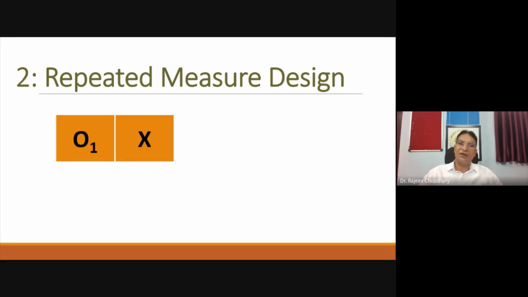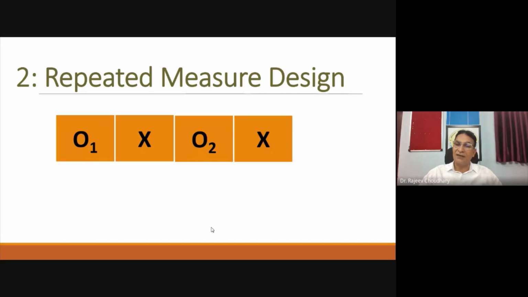O2, observation 2, means the mid-test. Then again treatment is given. We will continue the treatment. Again, the final test will be taken, that is ON. In this hypothetical example, I have taken only 3 observations: observation 1, observation 2, and observation 3. But the observations may be of n numbers.